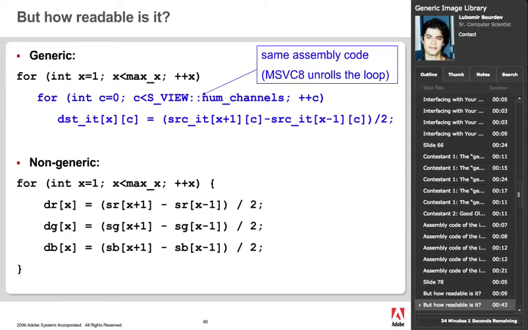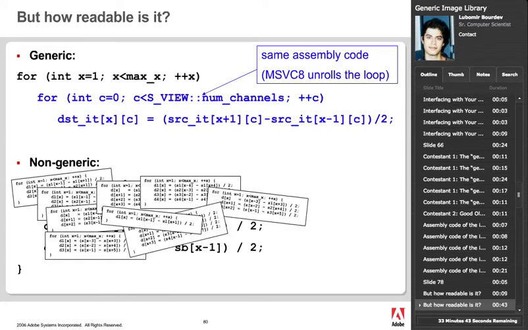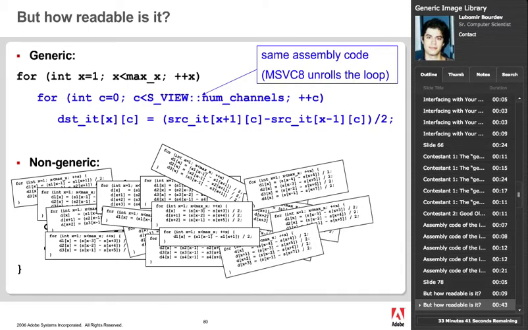As it turns out, any modern compiler will unroll the loop anyway, and what you get back is the same assembly code. And second, it is not really fair to compare against this non-generic version. What we really should be comparing against are all the different versions that you will end up having to deal with. So from a point of view of code size, debugging, testing, extending, maintaining, we have a pretty clear winner here.